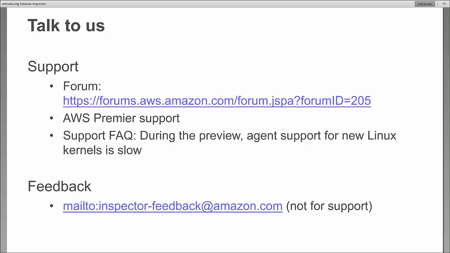Our agent does have a kernel module, and it does have to be specifically compiled against every unique version of the kernel. So during the preview, you have to be a little bit patient, but we are working on automating that pipeline, and in the next month or two, you should see the agent for new builds of Linux appear very quickly.